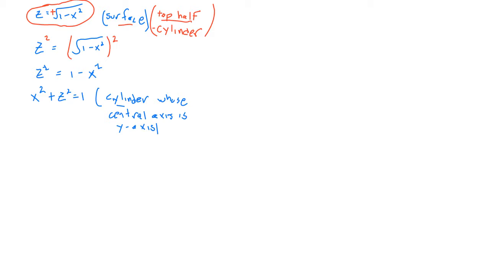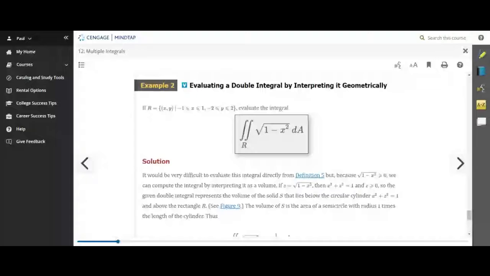So that being said, let's go back to the example. Are there any questions? A lot of times when you're given an equation, you can manipulate it, like I did here, but then you have to look at your restrictions on your original function. All right, let's go back to the example then. So here we are.